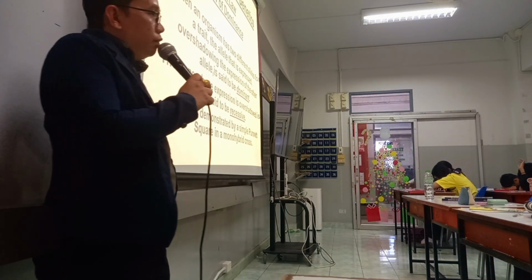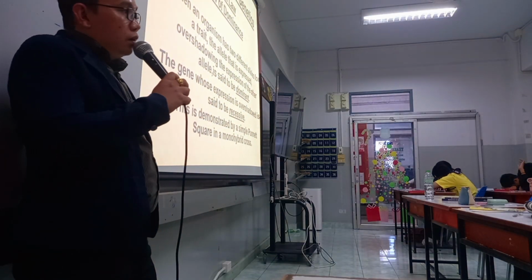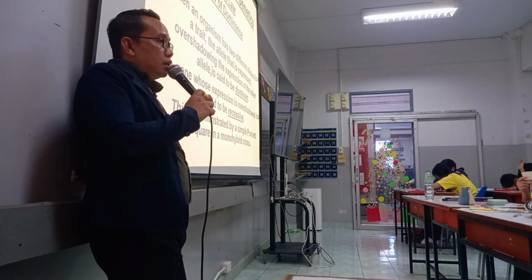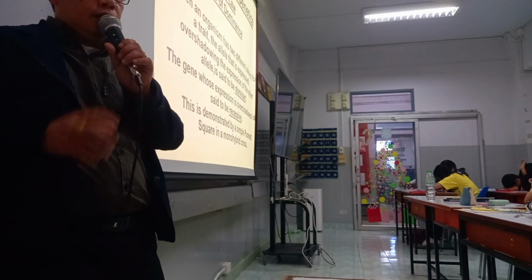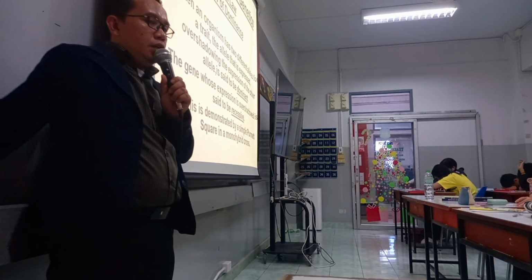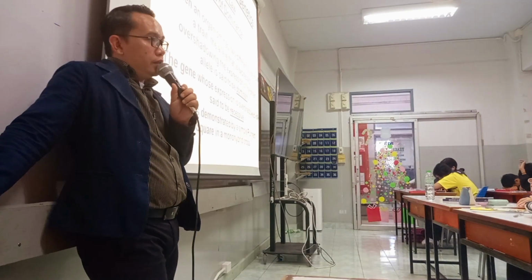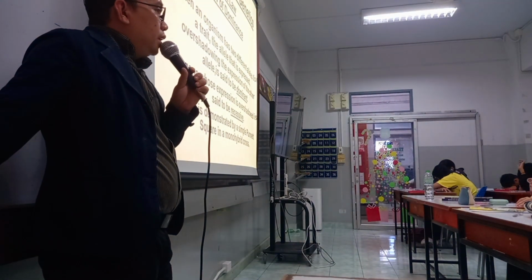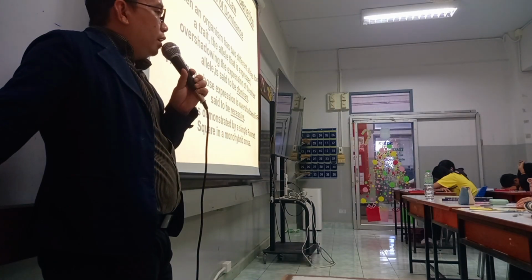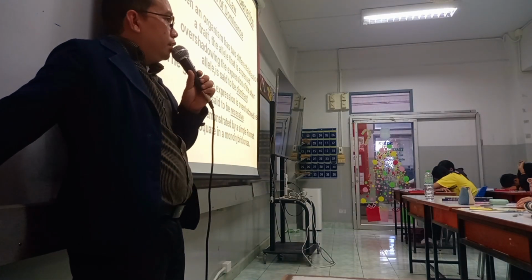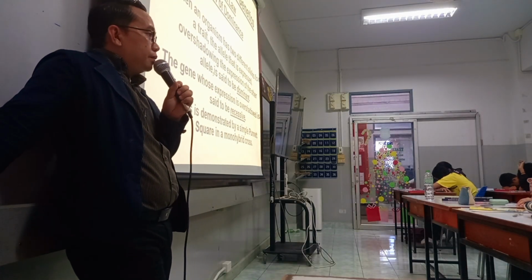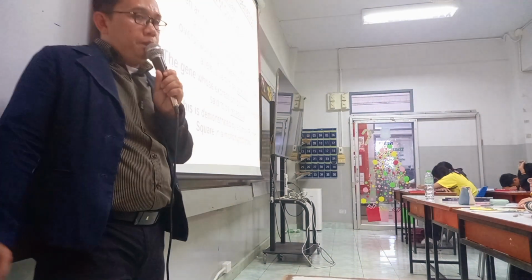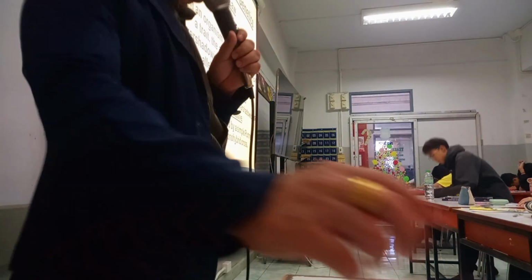So it's part of a comparison of which one dominates according to the alleles that we're talking about. The gene whose expression is overshadowed is said to be recessive, meaning it's not fully recognized among the group. It is demonstrated with a simple Punnett square in a monohybrid cross.